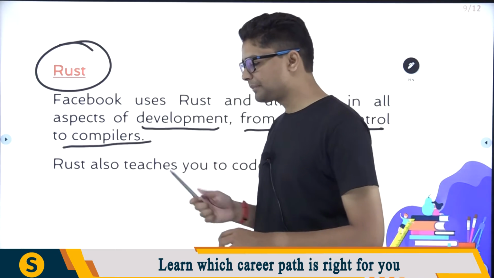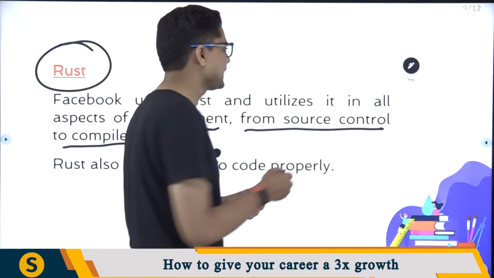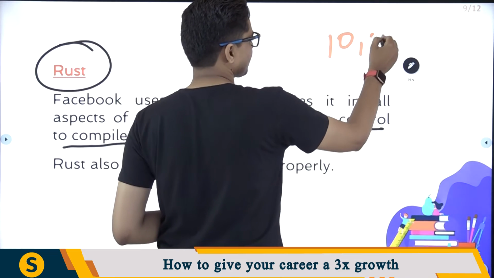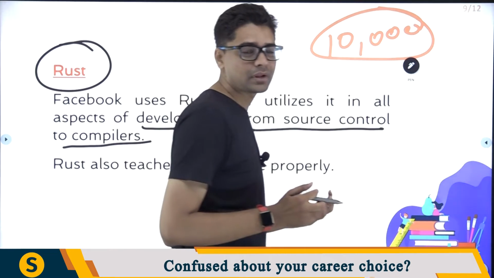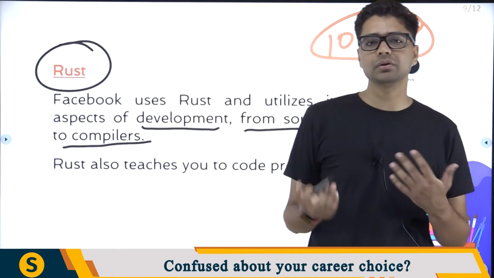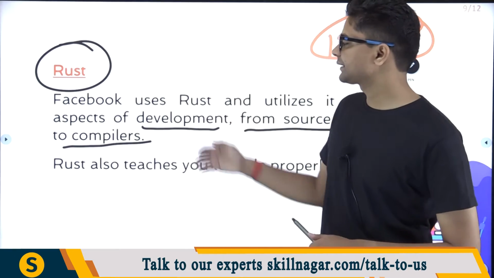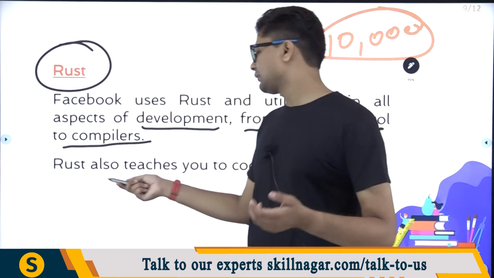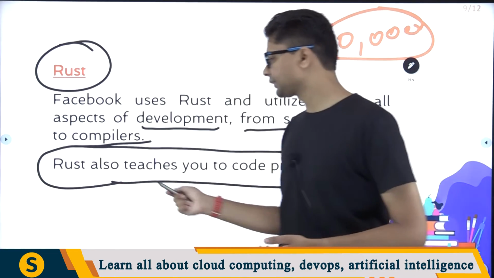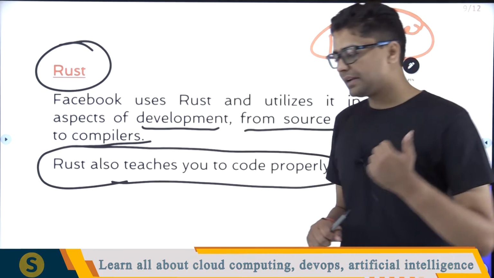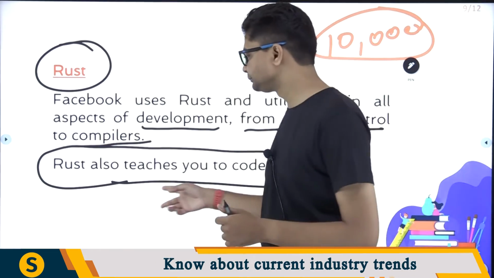When you're working at a Facebook level, you may have 10,000 engineers working at your organization, so the compiling process, or source control, of your application gets very difficult to manage. This is where Rust is helping, and it also teaches you how to code properly. This can be beneficial if you're starting your career. So you can understand these kinds of languages are quite important at the Facebook level.